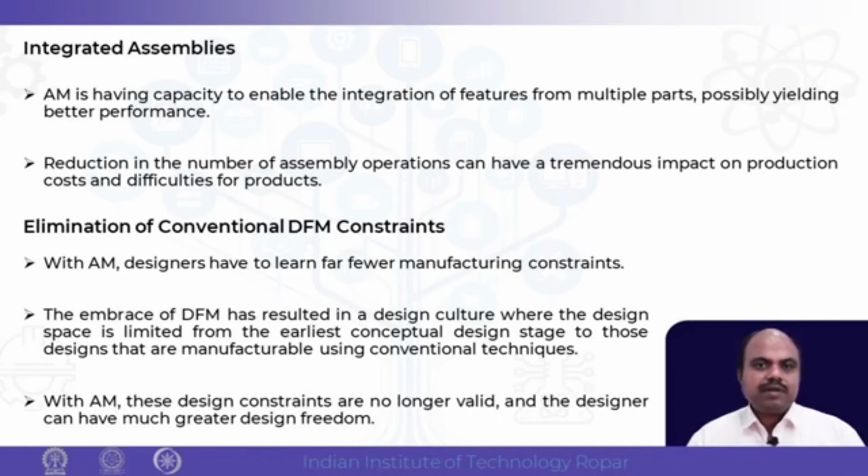This is going to change the way designers are thinking. So design thinking with additive manufacturing is going to change the way people think about products and how to design them, because many of the manufacturing constraints are now reduced.